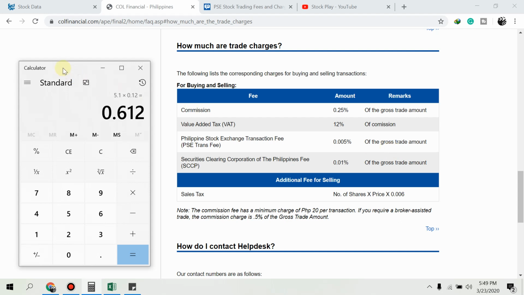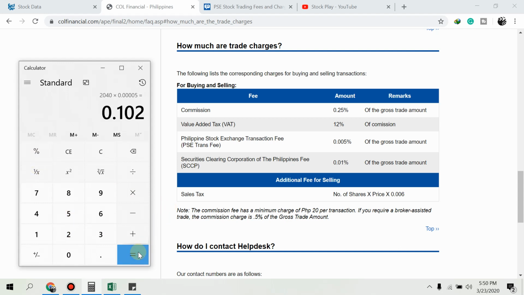So, yung price ni Petron is 2.04 multiplied by number of shares, yung minimum guys, so 1,000, yung board lot, equals 2,040 pesos. Then, i-multiply natin siya by 0.005%.